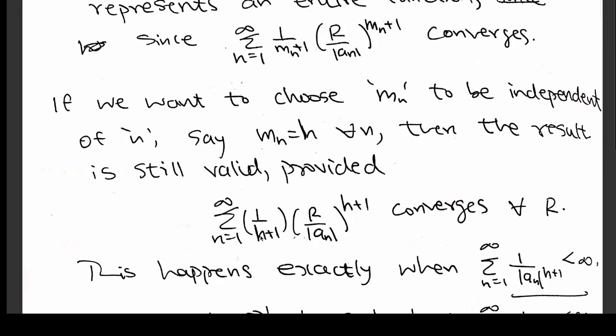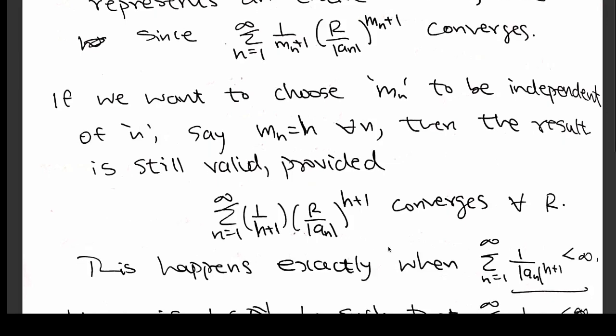So you replace m_n by h, then this is independent of n, therefore you can take this h part outside. So the convergence depends only on the summation n equal to 1 to infinity of 1 by mod a_n to the power h plus 1. So this product converges exactly when this converges.